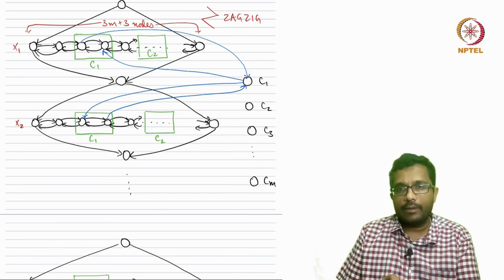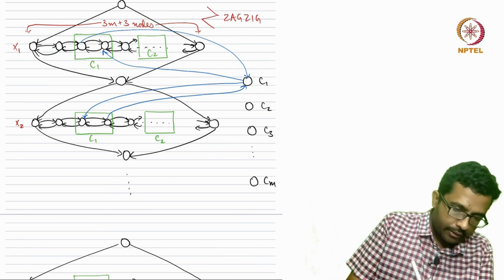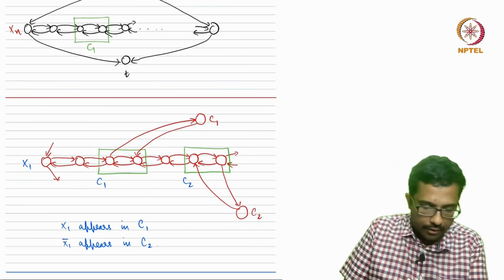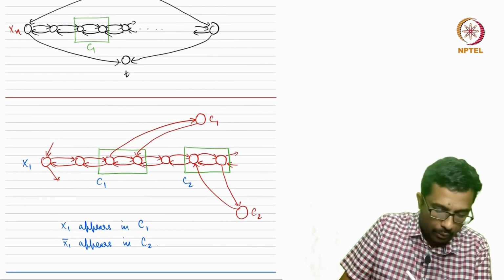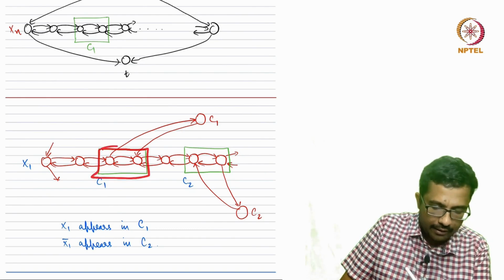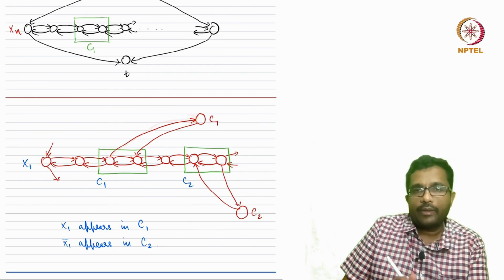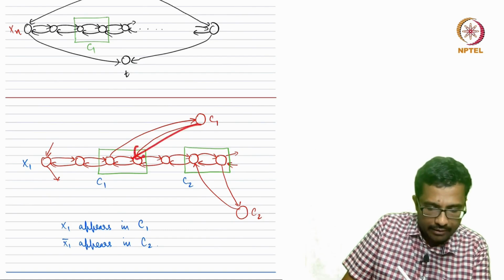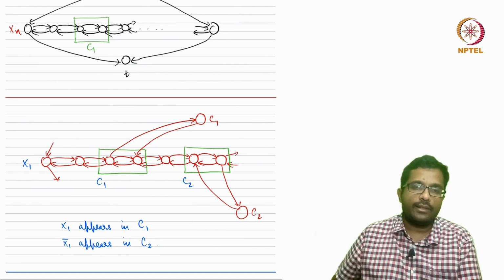So let's take C1 and see how we are going to connect it. If x1 appears in C1, then we look for the box marked C1 in x1. From the first vertex from the left, we put a directed edge to C1, and we put a directed edge from C1 to the second vertex. This is what we do if x1 appears in C1.